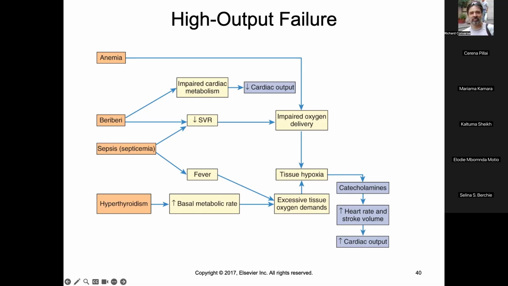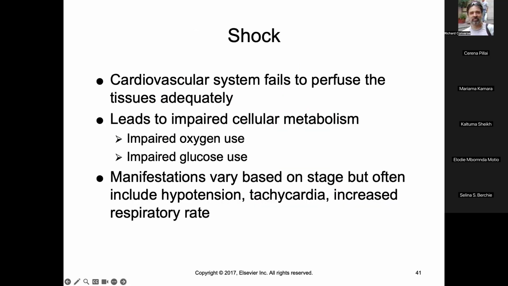Hyperthyroidism, thyroid hormone elevates your basal metabolic rate, right? So you're going to end up seeing high oxygen demand from tissue, okay? Tissue hypoxia, and then the same thing, increase in catecholamine release, heart rate, stroke volume, increase in cardiac output, okay? All right.